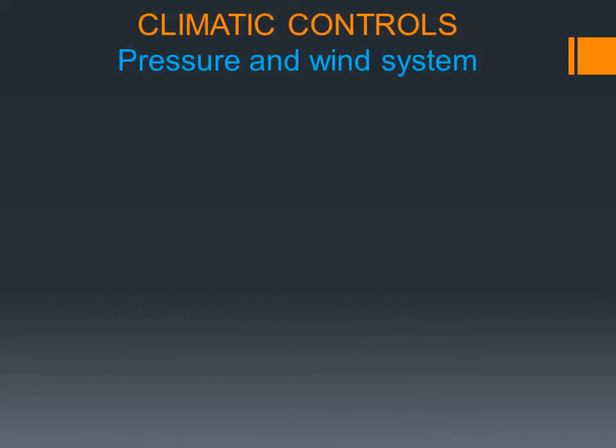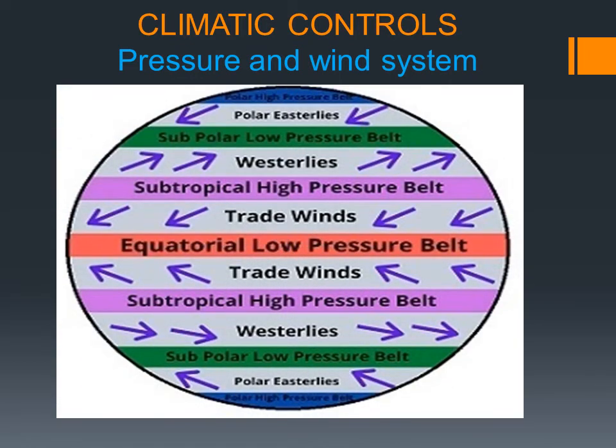The next criterion in the climatic controls is the pressure and wind system. We know that the globe is divided into the northern hemisphere and the southern hemisphere, with the 0 degree equator in the center. Generally the sun shines more on the equator, so the equatorial region always has a low pressure belt.